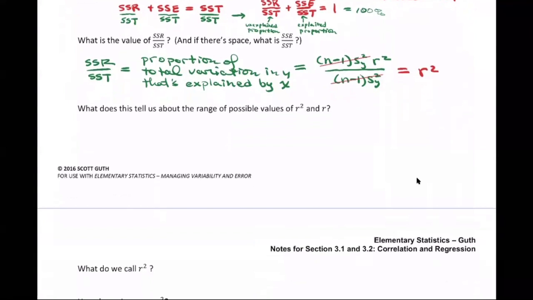Now, first of all, r squared is a proportion, SSR over SST. Proportions must be between 0 and 1. So we know that r squared has to be between 0 and 1 because it's a proportion.